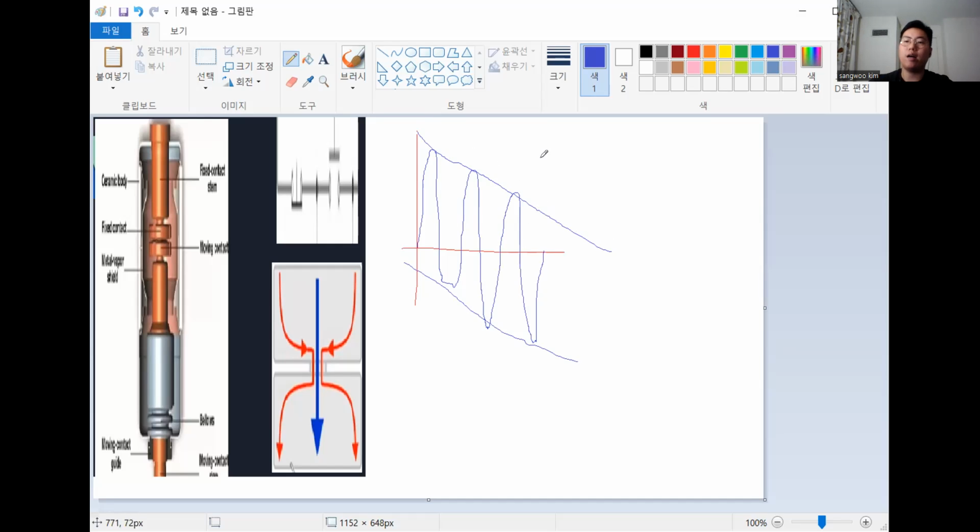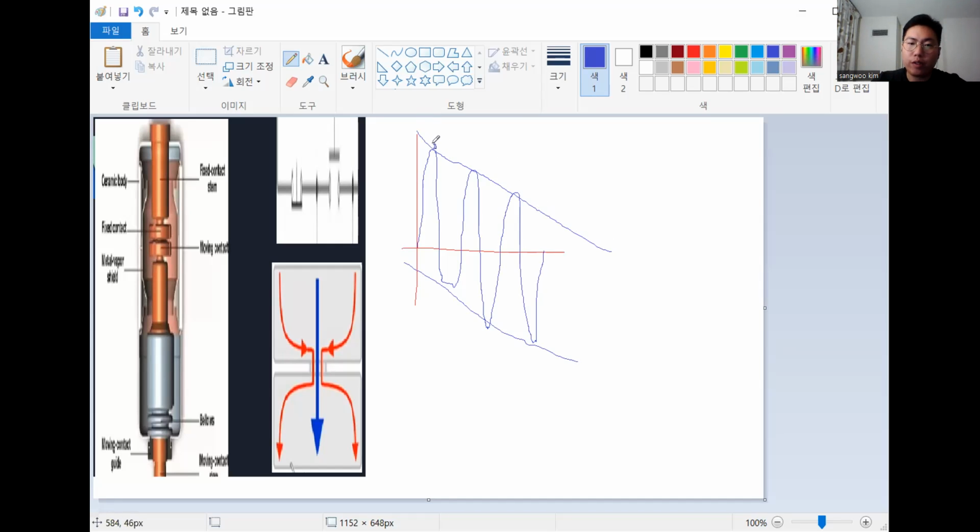When we start our circuit lecture, I'll explain why arcs happen and why this fault current waveform is asymmetric. Okay, just look at that.